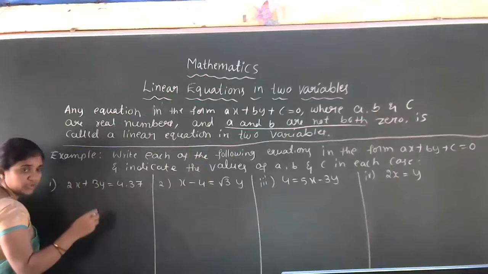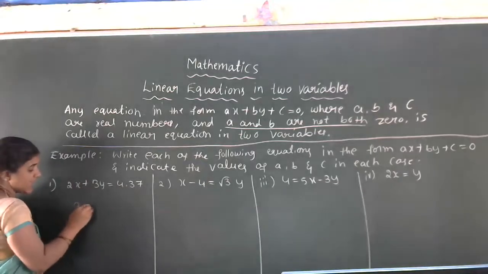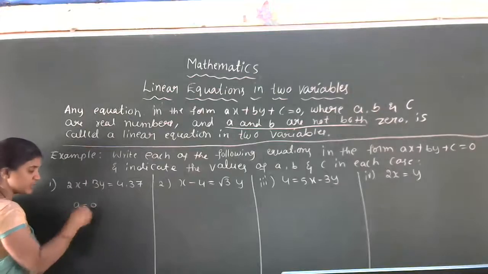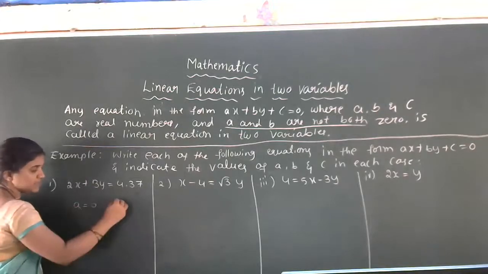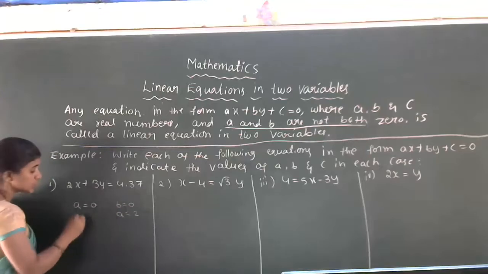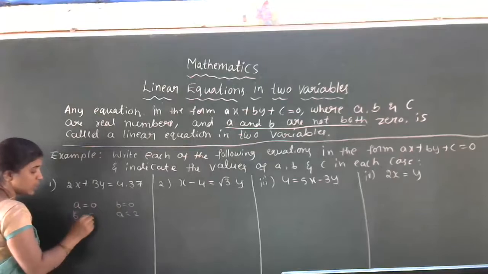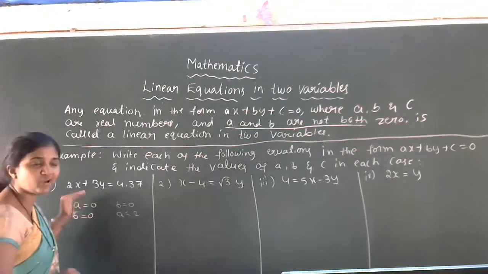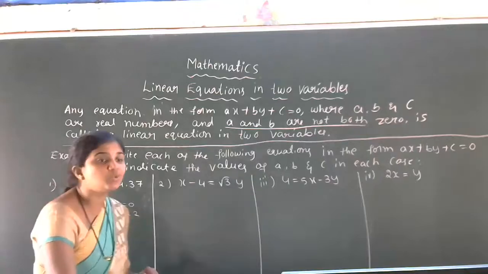We may get a equal to 0 for some equation, or b equal to 0 with a equal to something like 2 or 3. But in the same equation, if a is equal to 0 and b is equal to 0, this type of condition will not occur in linear equations in two variables.